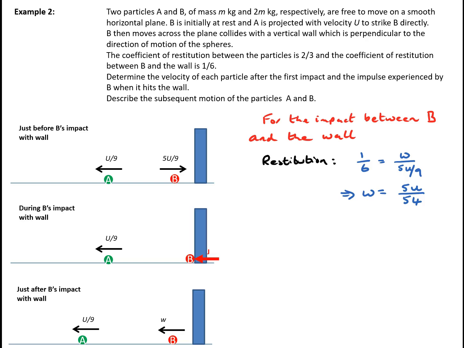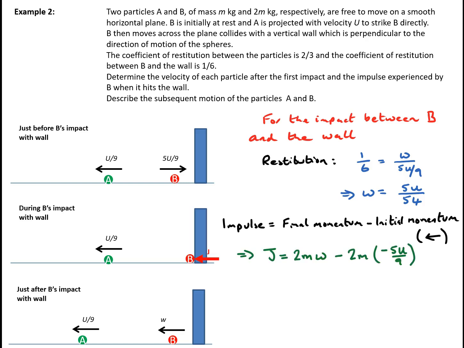I can now use the impulse equals change in momentum equation. So I've got impulse is the final momentum minus the initial momentum. I'll apply this equation to the left because that's the direction of J. So I have got J equals 2mW, that's the final momentum of B after the impact with the wall, minus the initial momentum of B before the impact with the wall, which is 2m times minus 5u/9.